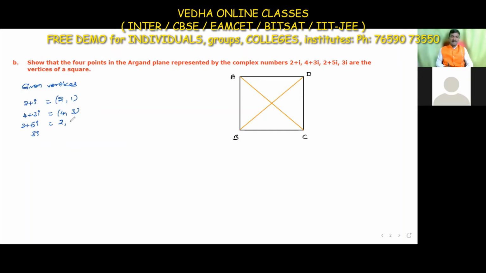Representing a complex number in the Argand diagram, 3i is 0, 3. Okay, so consider these points as A, B, C, D. Don't forget we have to write them in the same order.